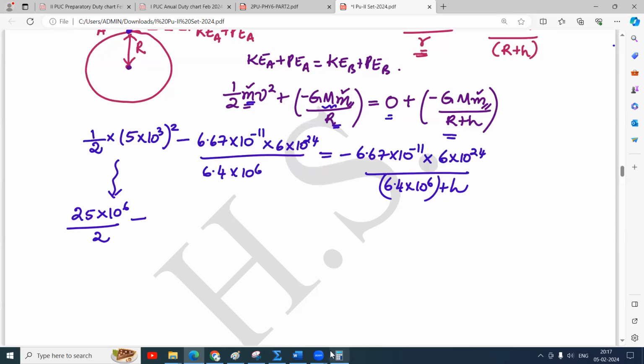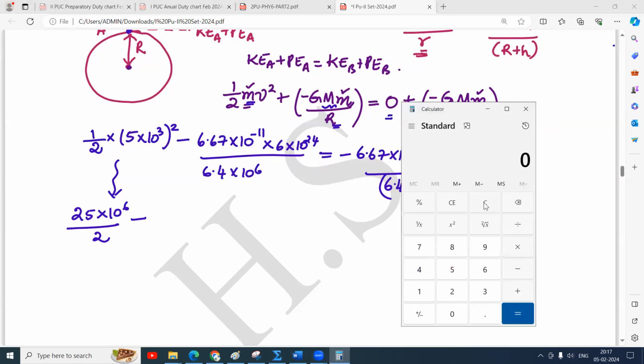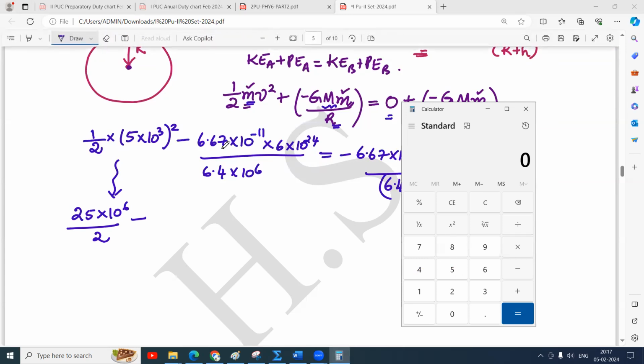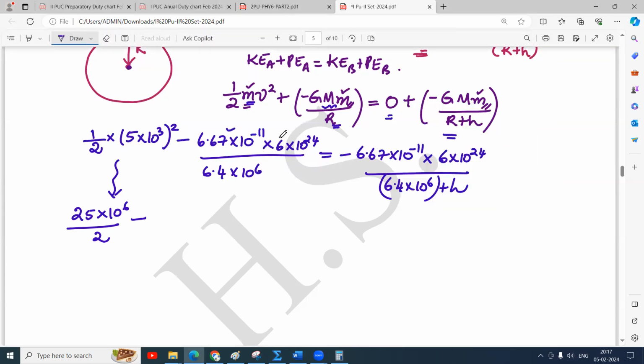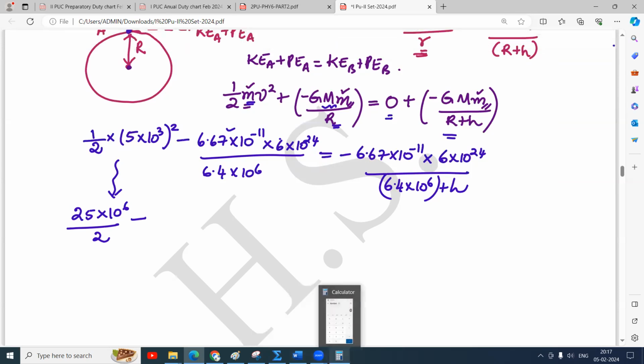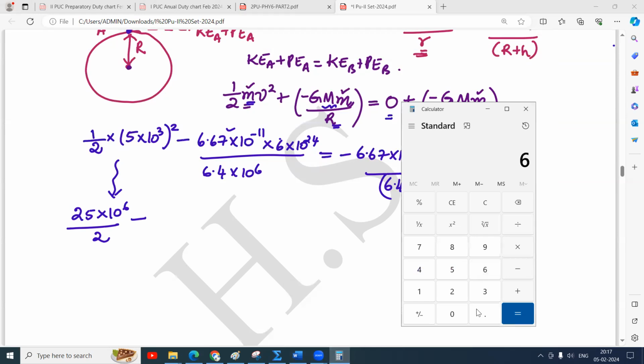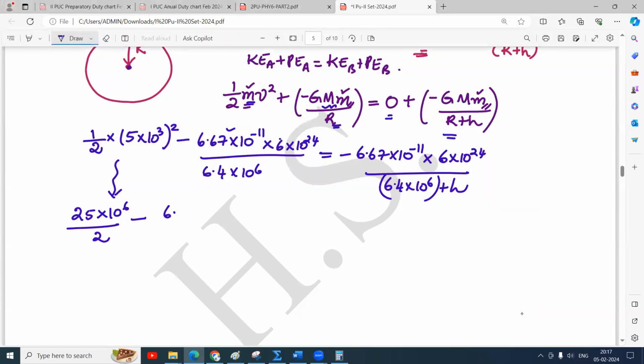Minus, let me calculate this. Cancel. I'm calculating the second part of the equation: 6.67 into 6 divided by 6.4, that is equal to 6.25, into 10 to the power.